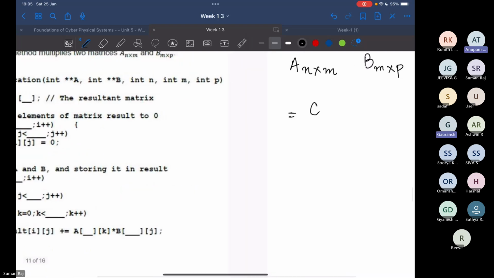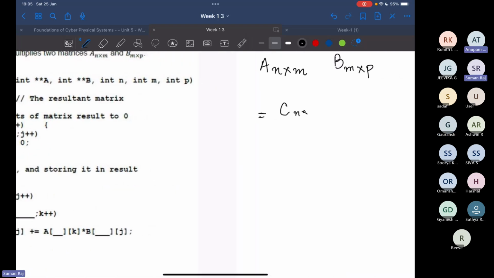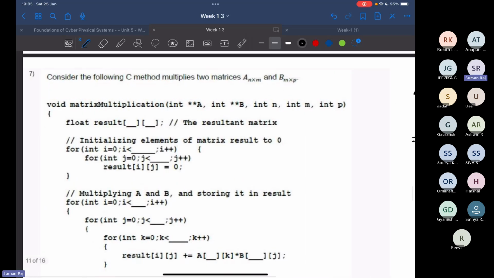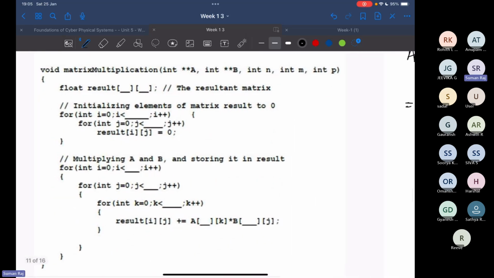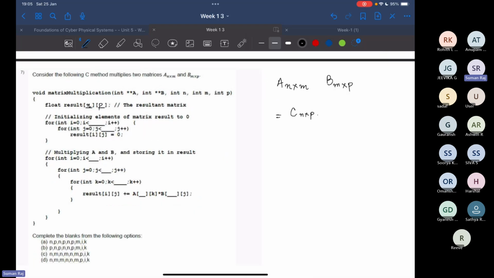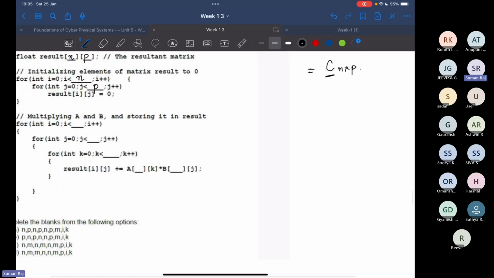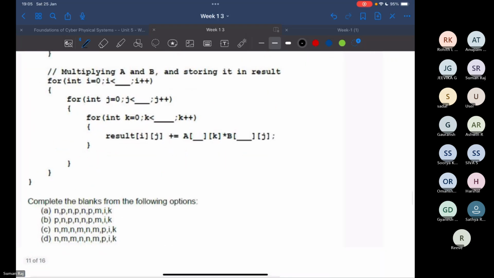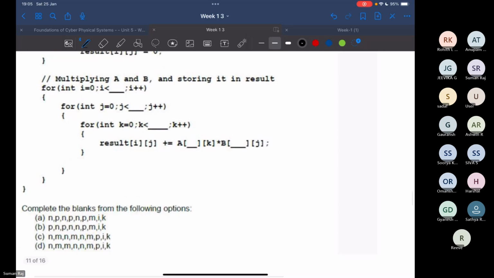N cross P. N cross P, right? So over here, it asks the resultant matrix dimension. It is going to be N and P, right? If you want to initialize your final matrix C, your iterators should have N first and then P after that, right? And now this is iterating over A and B and storing it in the result, right?